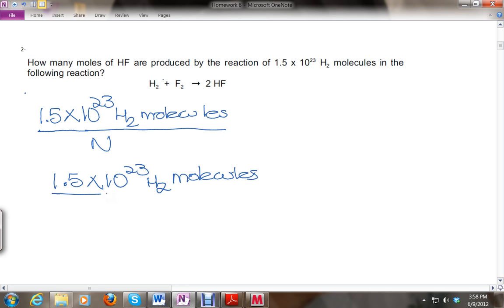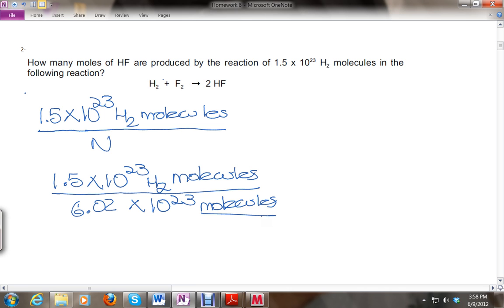You divide by 6.02 by 10 to the 23rd molecules per mole. As I said, I got all those calculations ready, but if I made a mistake, you need to double check just in case.